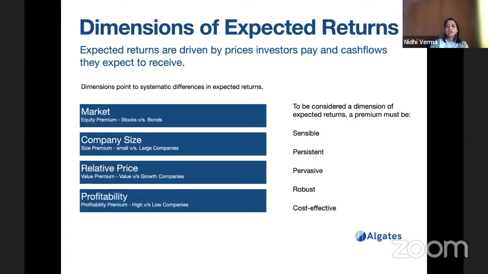They should be giving you the premium in expected returns on a continuous basis. In this way you can have even more dimensions, but these are the major ones: market, company size, relative price, and profitability.